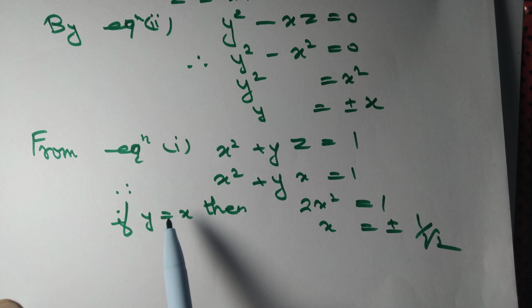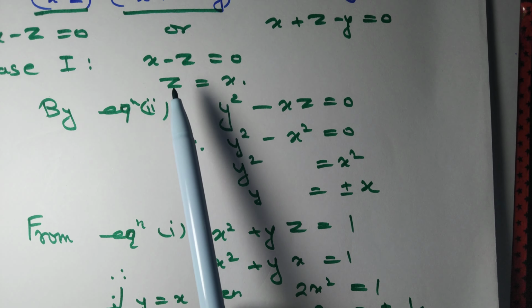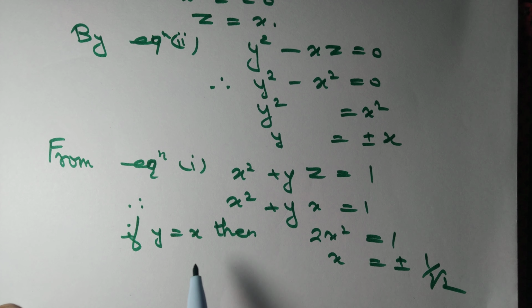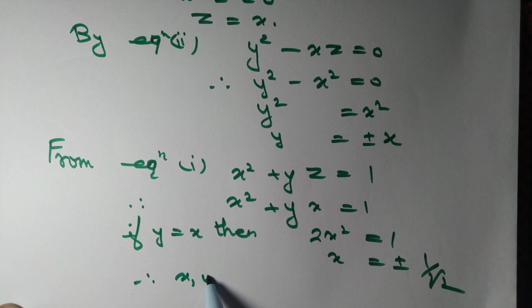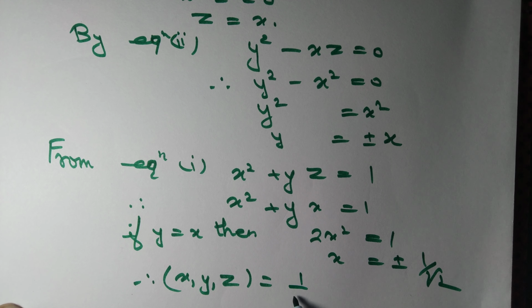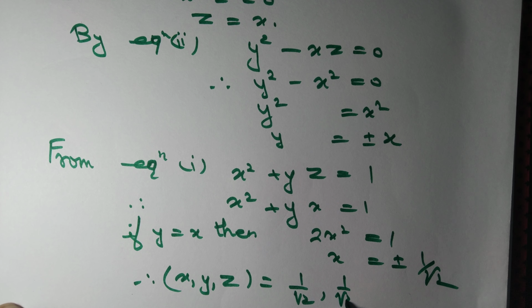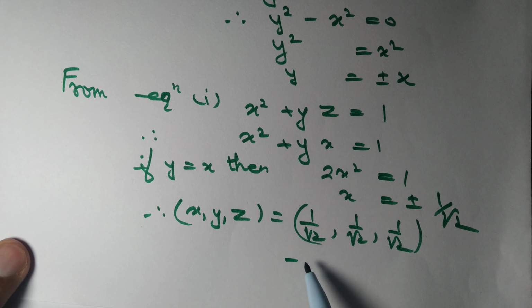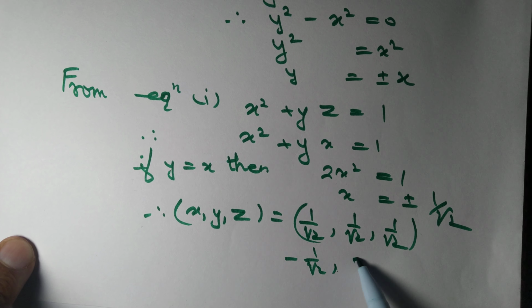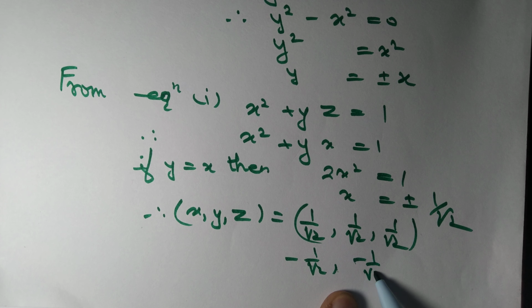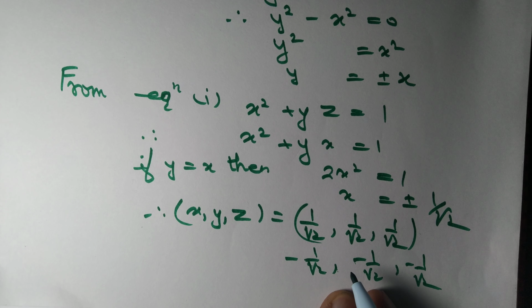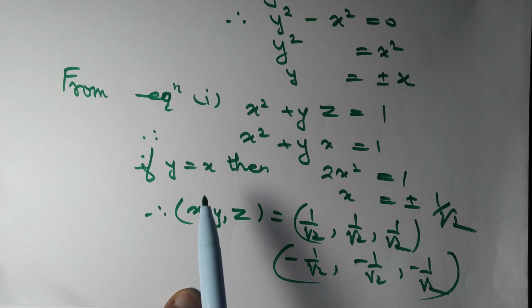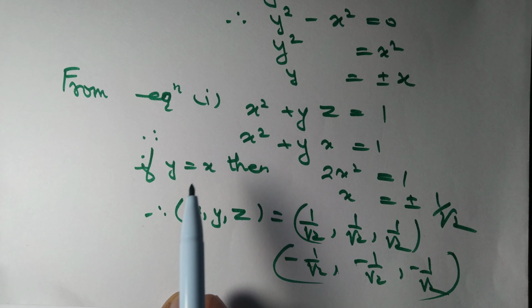Now y equal to x and z is equal to x, that's the case we started with. Therefore x comma y comma z equal to 1 by root 2 comma 1 by root 2 comma 1 by root 2, or minus 1 by root 2 comma minus 1 by root 2 comma minus 1 by root 2. Okay, that's the case that happens if y equal to x.